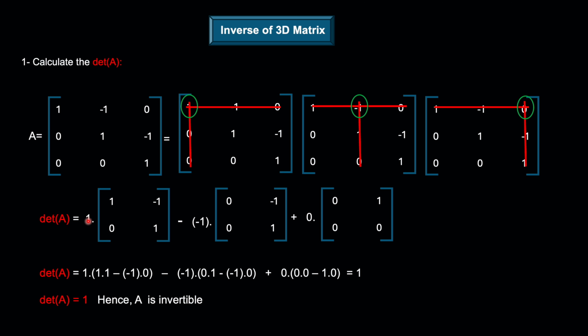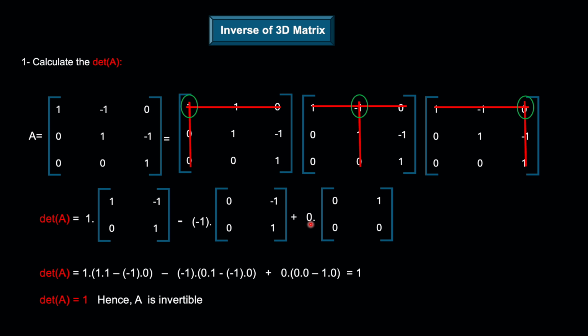Then we take our 1, we don't touch it, and we multiply 1 by 1, minus 1 multiplied by 0. We take our minus again, and minus 1 we don't touch, multiplied by 0 times 1 minus 1 times 0.